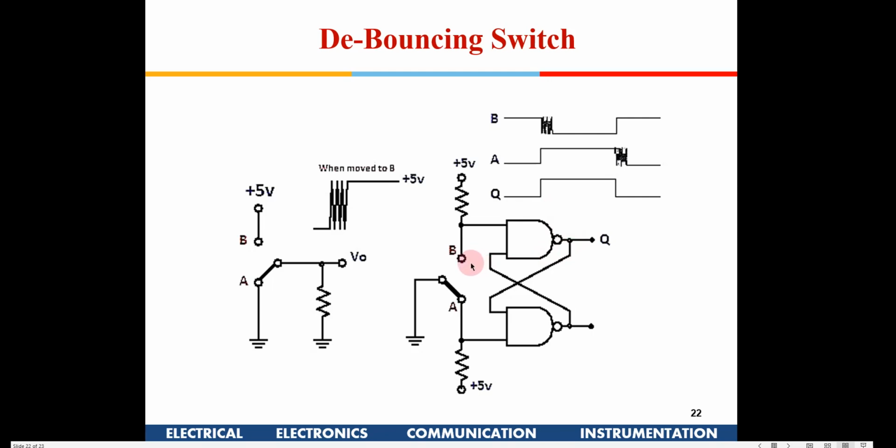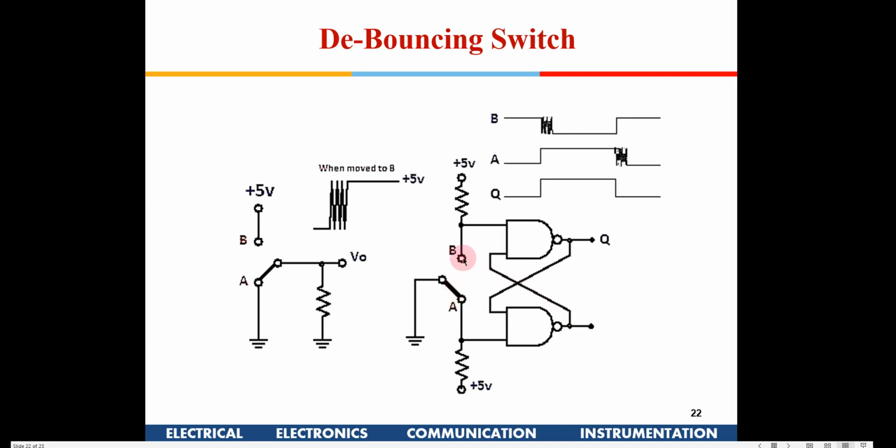Why? Because the first time it has made contact here, a 0 is available here. That 0 gets transformed into 1 out here, that 1 comes here, and that creates one more 0 here, and the 0 is available from here now.